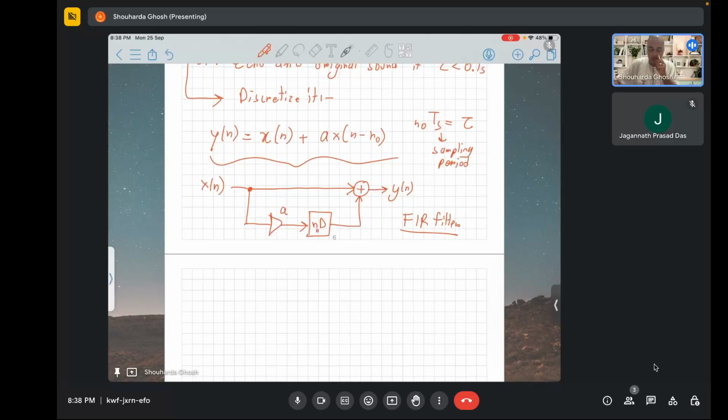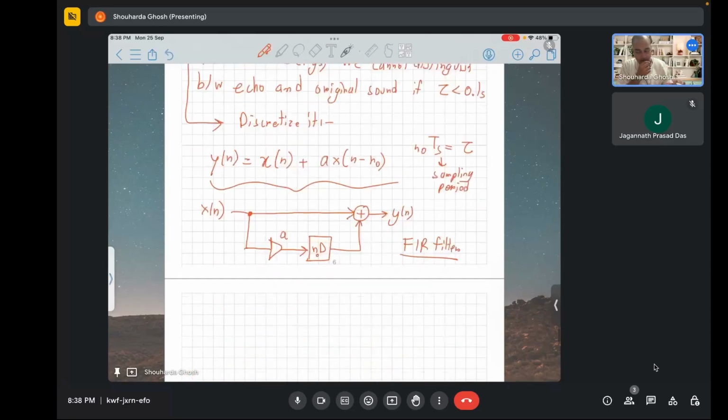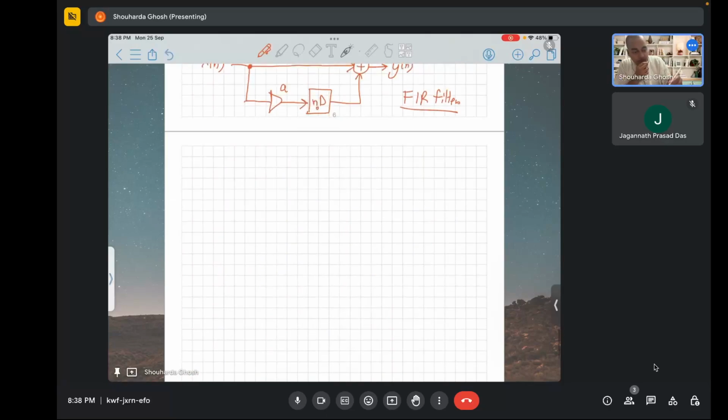Okay, now we talk about the last topic of our session, that is reverberation. Okay, so what is reverberation?